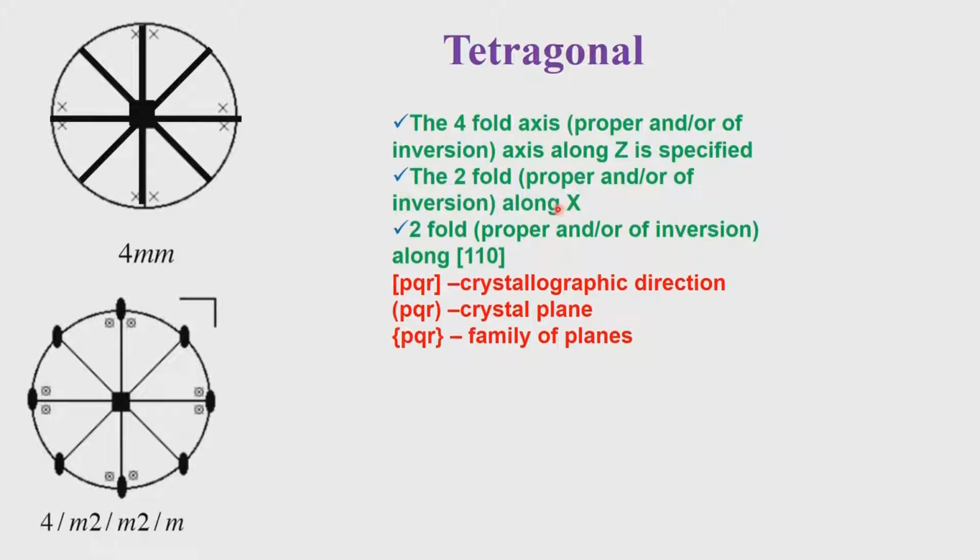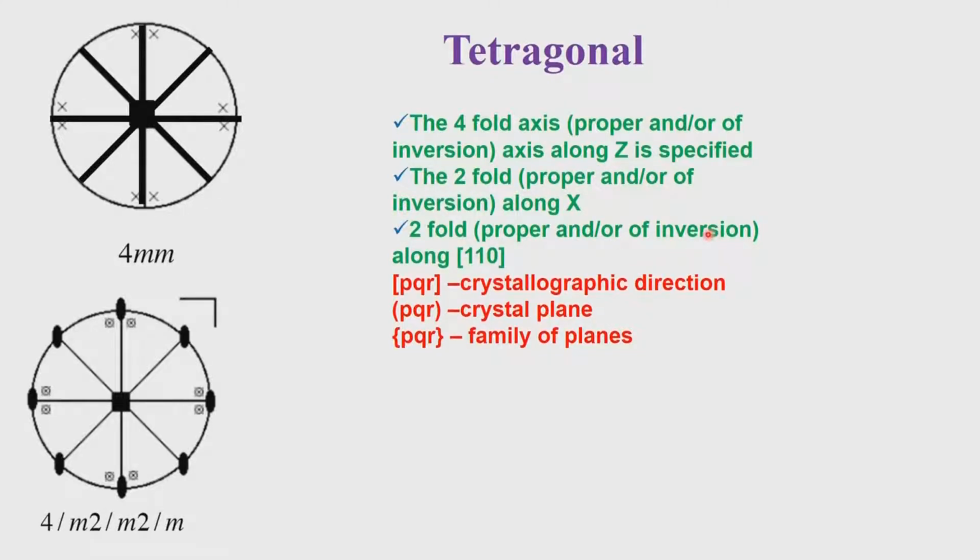So, the four-fold is along the z direction. The next two-fold or any associated two-fold with mirror, inversion and so on is along the x direction. And then that leaves us with the third two-fold axis, which is again proper or improper and or inversion, and that goes into the direction which is [1 1 0] in the crystallographic nomenclature.